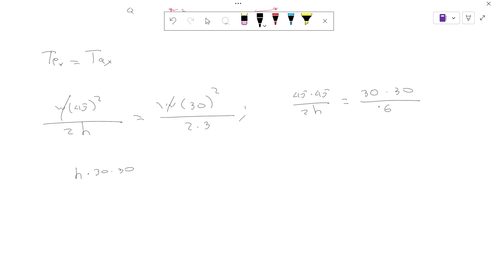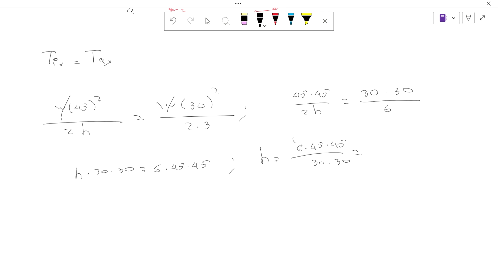H times 30 times 30 is equal to 6 times 45 times 45. In that case, H is equal to 6 times 45 times 45 divided by 30 times 30.